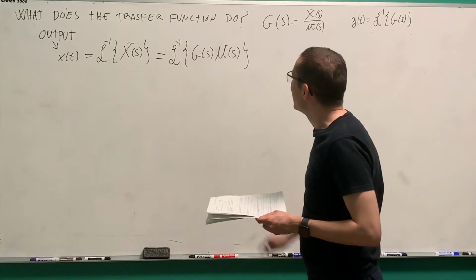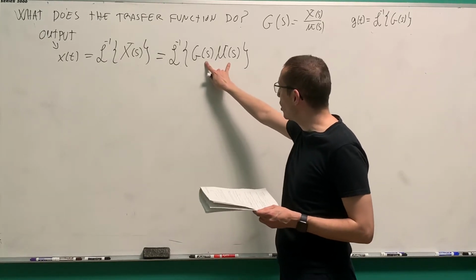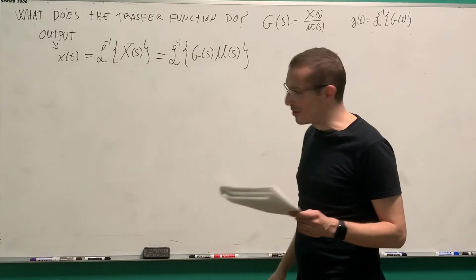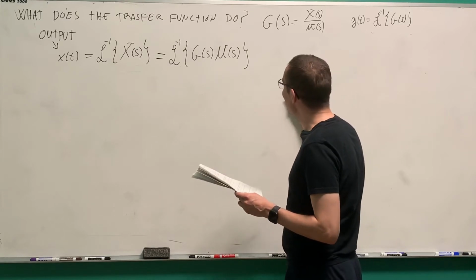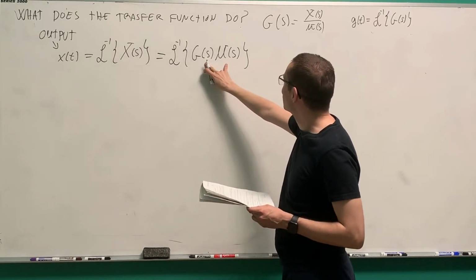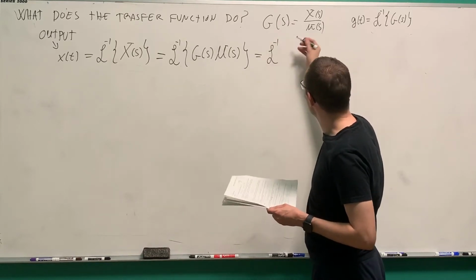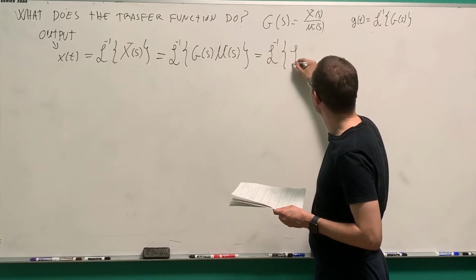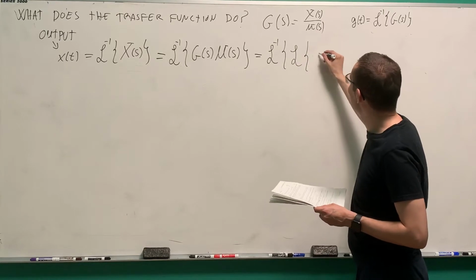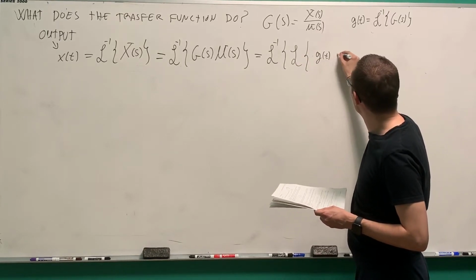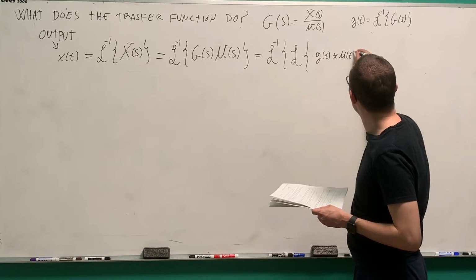Interesting. But this is the inverse Laplace transform of the product of Laplace transforms. Remember the convolution theorem? The convolution theorem tells me that the product of the two transforms is actually equal to the transform of the convolution. So using the convolution theorem that we saw, we get that this thing is small g of t convolution with u.